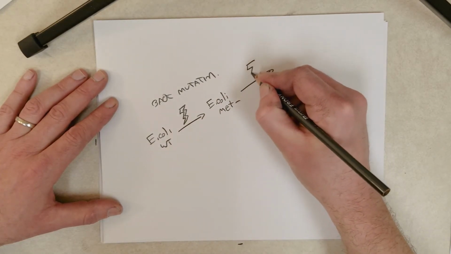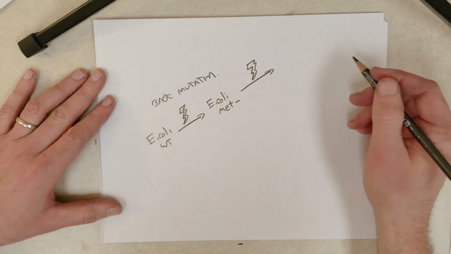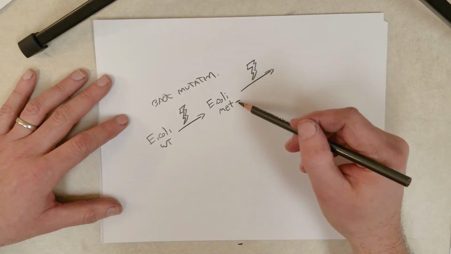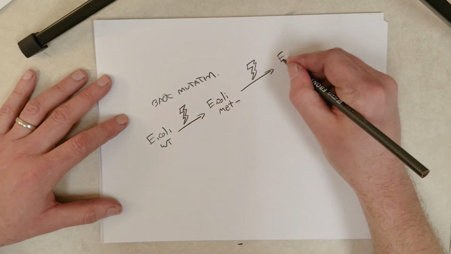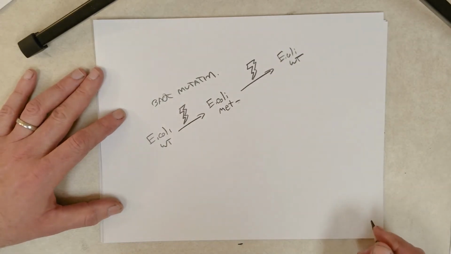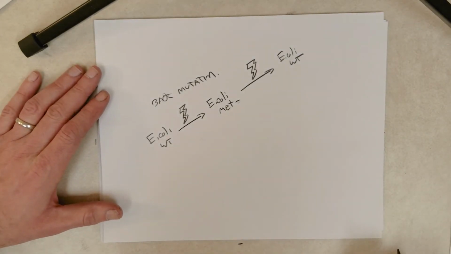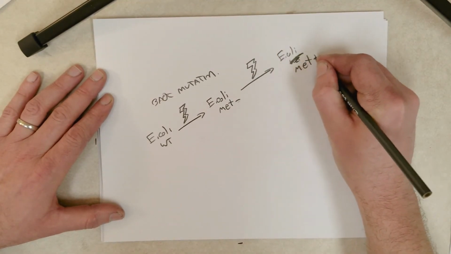Let's say a mutation happens randomly, and takes that same mutation, whatever happened here, and reverts it back. So now it's wild type again, or has the wild type sequence. It no longer requires methionine. I should change this to met plus.